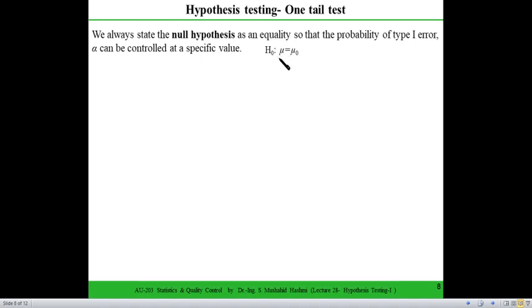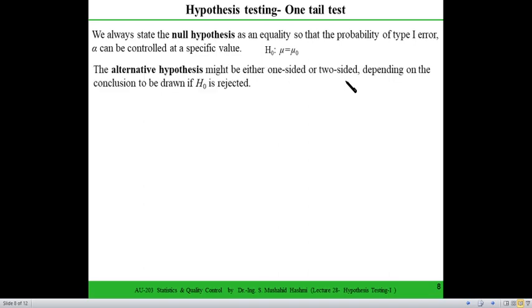So the null hypothesis is represented by means of an equality. We cannot say mu is greater than mu naught or mu is less than mu naught. So we always specify the null hypothesis as an equality, so that the probability of making a type 1 error can be controlled at some specific value. We will see this later, when you see both the null and alternative hypotheses on the same graph in the next lecture.